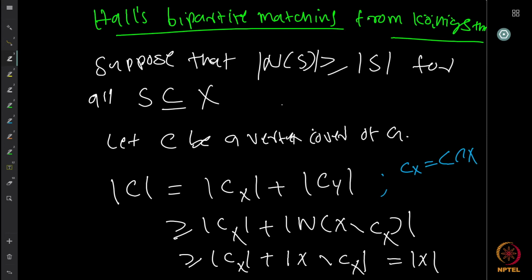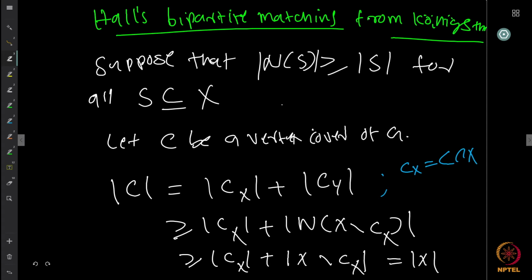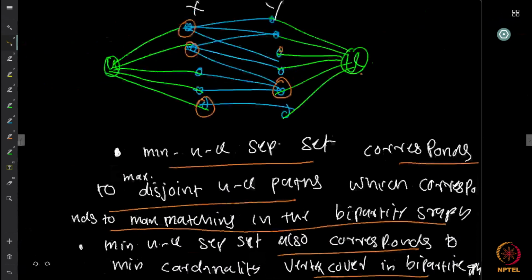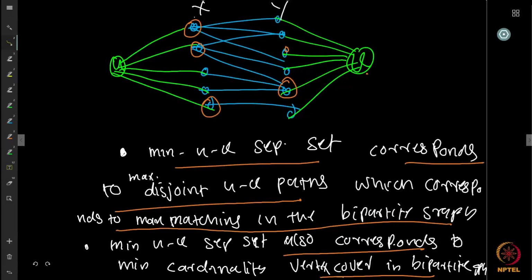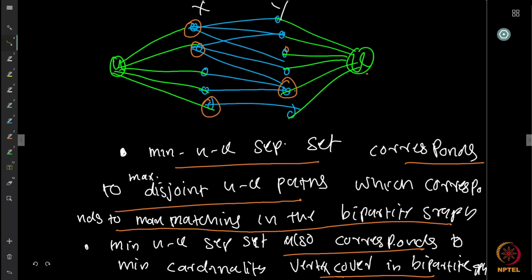Now let us start with a vertex cover of the graph G. We call it C. Okay, so C is a vertex cover of the graph G. Now let me define Cx as the intersection of C with X, the vertices in the cover which appear on the side X. And there are some vertices which appear on the side Y also.